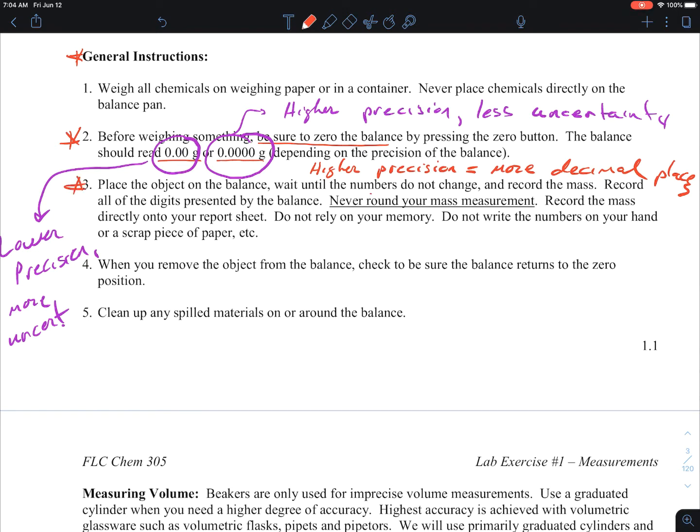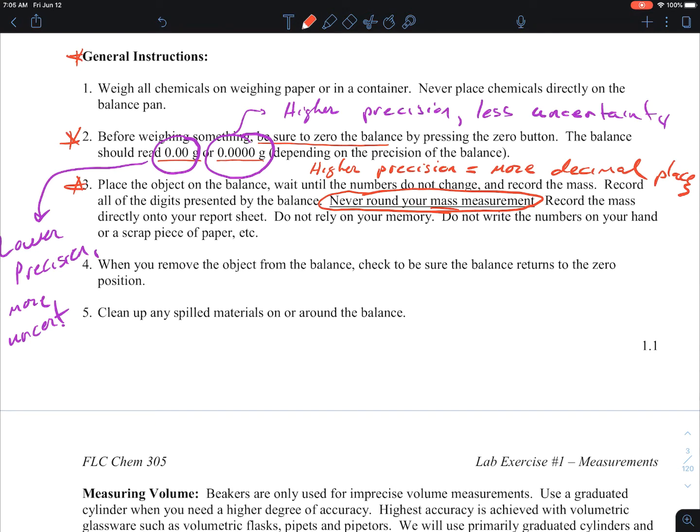The third thing you want to watch out for is mainly this part here. When you take a measurement from an instrument, so you take a measurement that's on a balance, or something that's electronic, it gives you a number. You don't want to round your measurement. And specifically to this lab, you don't want to round the mass measurement. The reason is because every single digit on that measurement from the scale is significant.